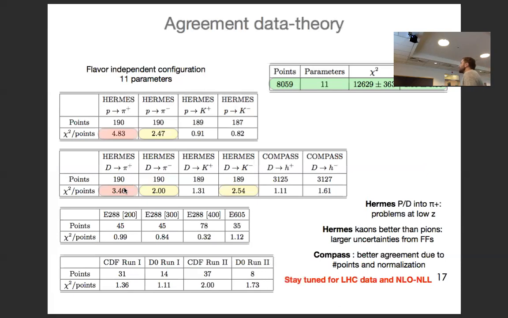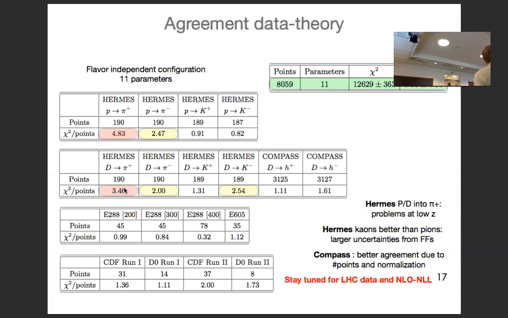We have kaons behaving better than pions because they have larger uncertainties. We have larger uncertainties from fragmentation functions. And we have COMPASS, which behaves better than HERMES because they have a huge number of points and the normalization helps. And to this respect, the normalization of the observables helps the convergence of the fit.